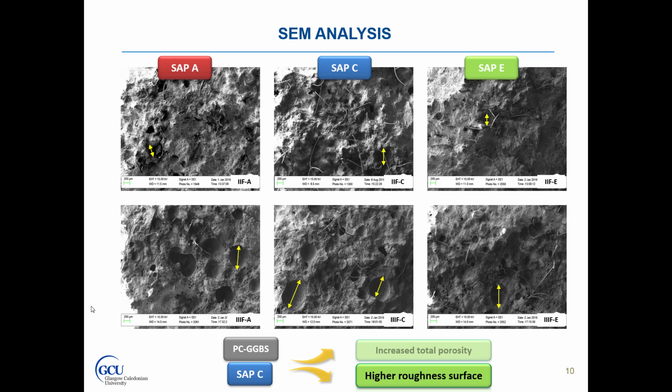The samples with SAP C seem to have the larger pores, especially with SAP C in Same three with GGBS. It's likely that the high water absorption capacity and large particle size of this polymer caused formation of pores of such big diameters.